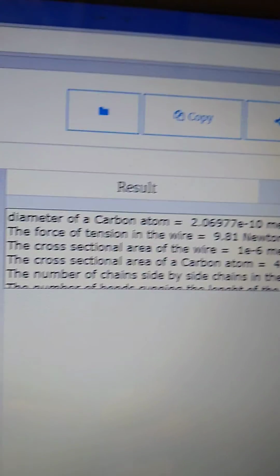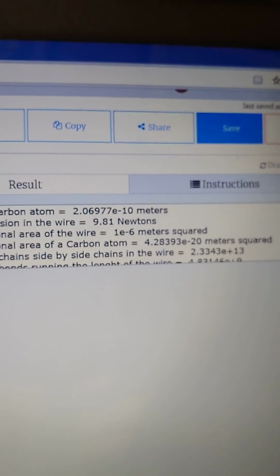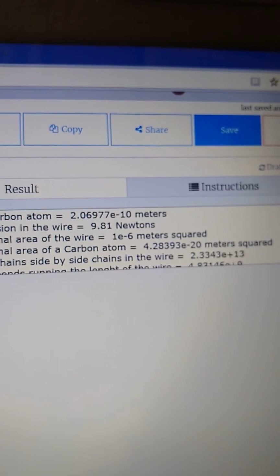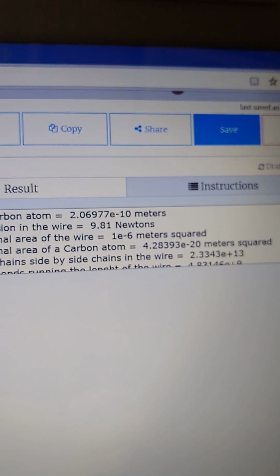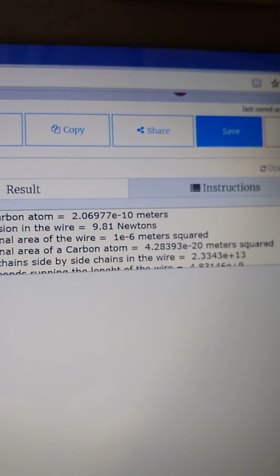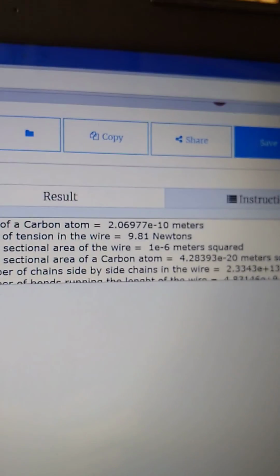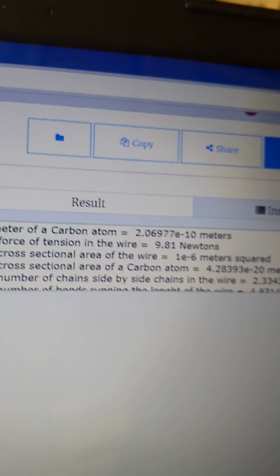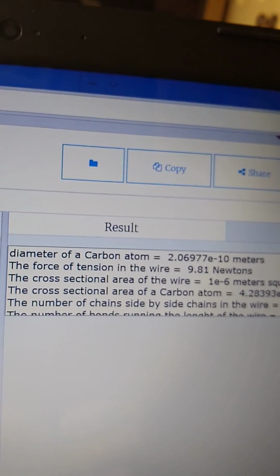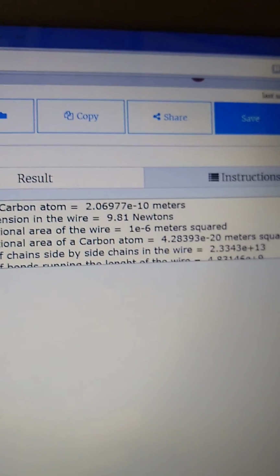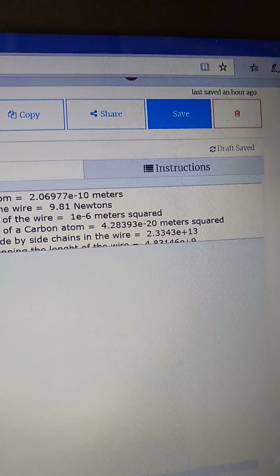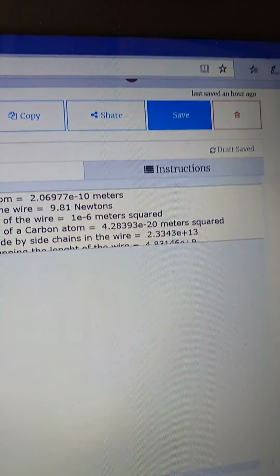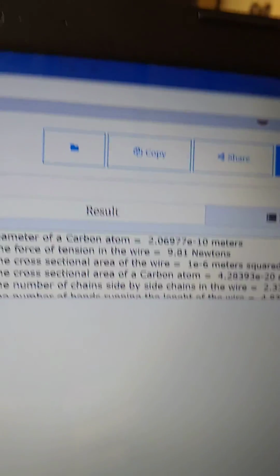And the cross-sectional area of the wire is 1 times 10 to the negative 6 meters squared. That's based off a millimeter. And the cross-sectional area of a carbon atom is 4.2 times 10 to the negative 20 meters squared.